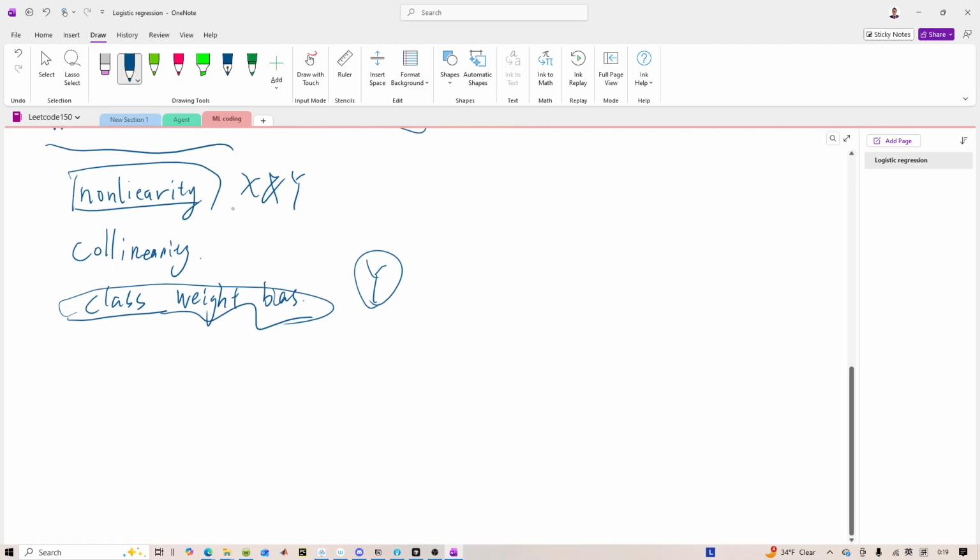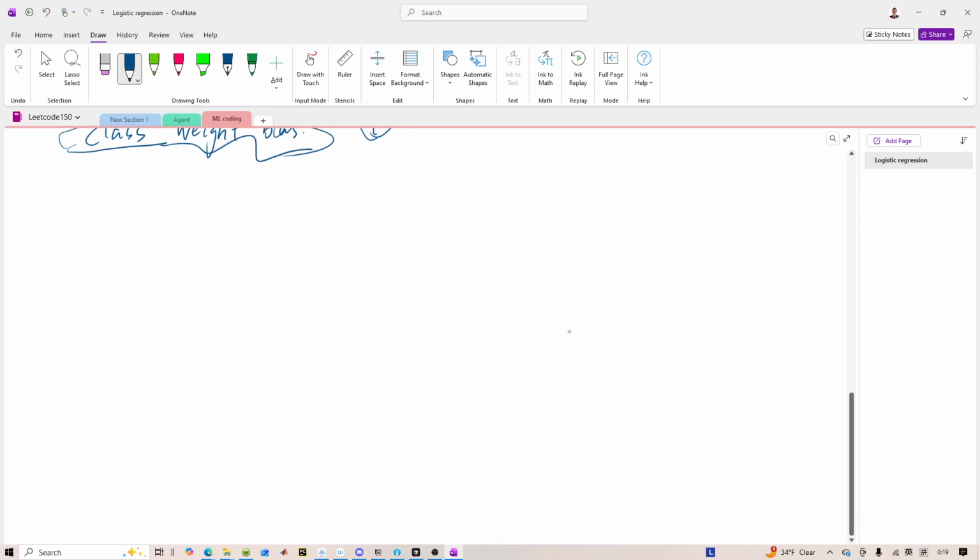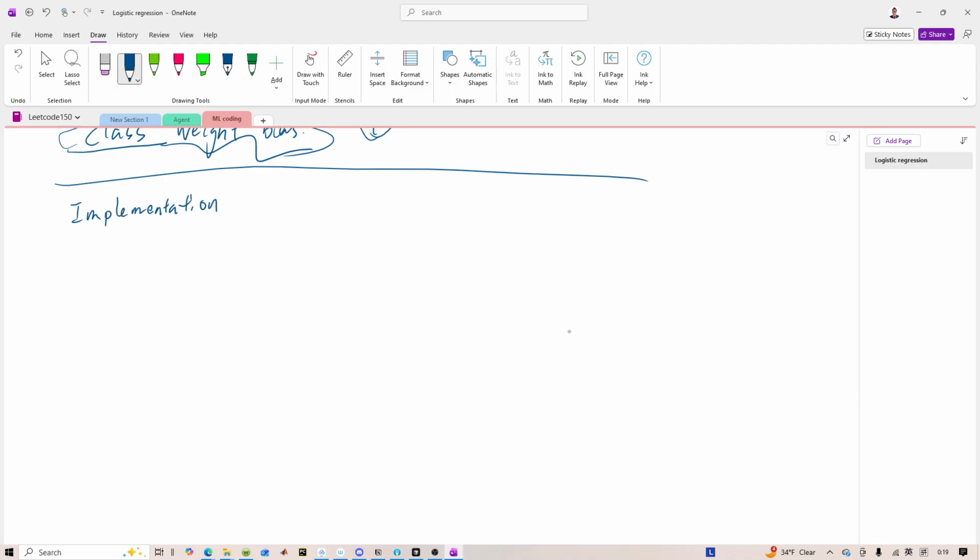Knowing that, we will start the implementation. This is what you're going to be challenged to do in an interview, to implement this algorithm. Usually the coding part is easier.